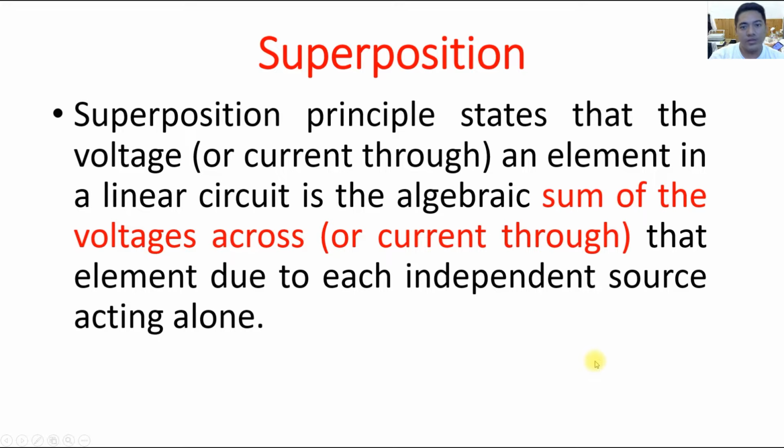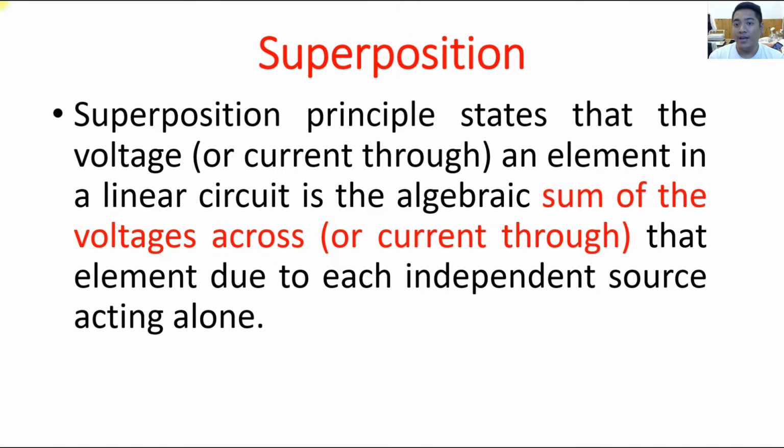So let's get started. The superposition principle states that the voltage or current through an element in a linear circuit is the algebraic sum of the voltages across or current through that element due to each independent source acting alone.